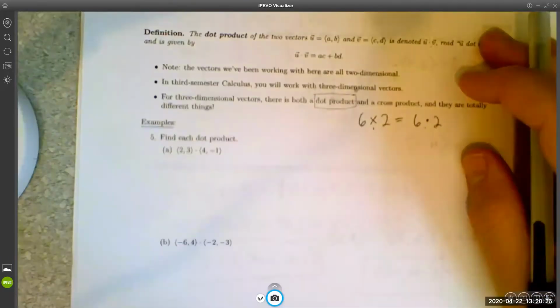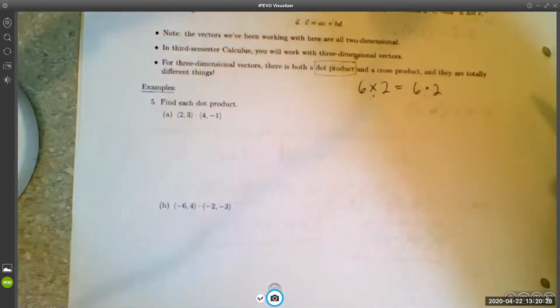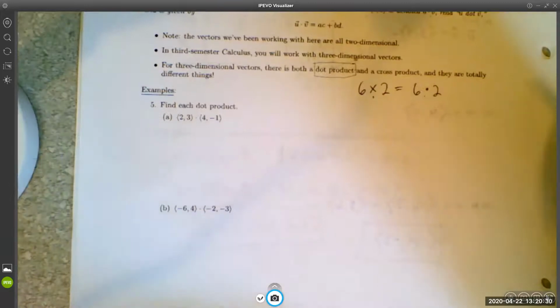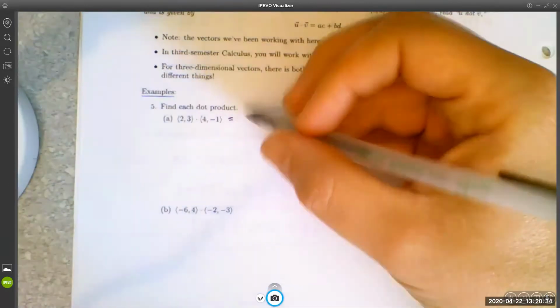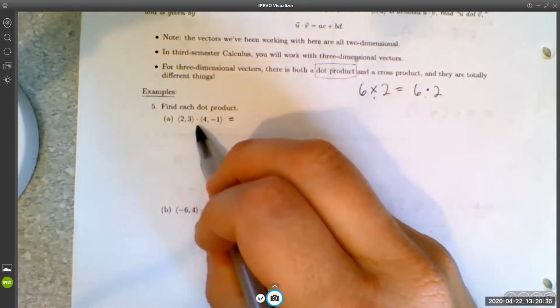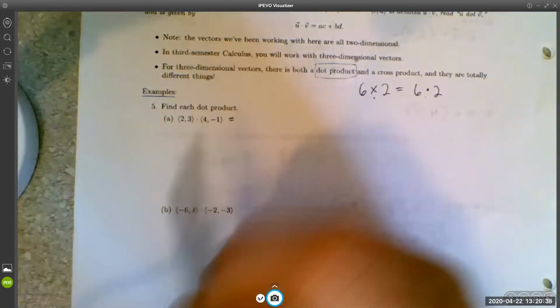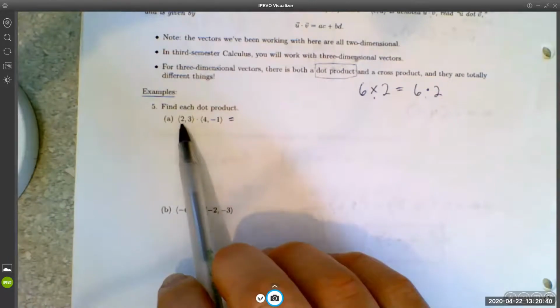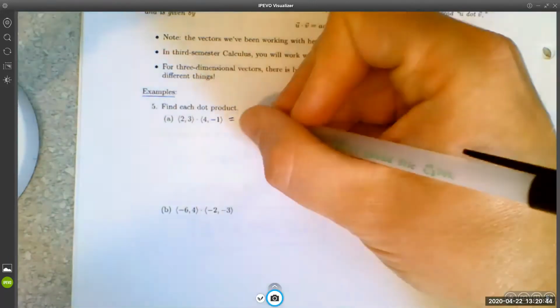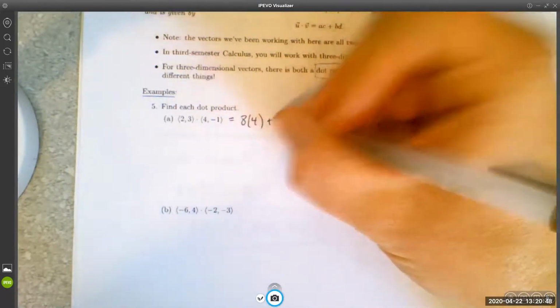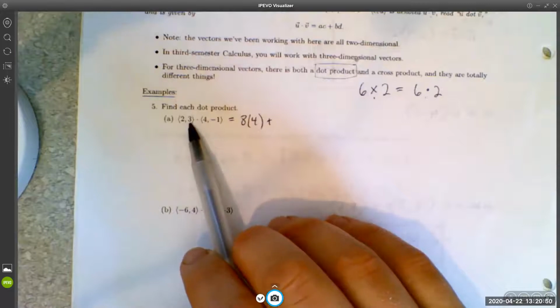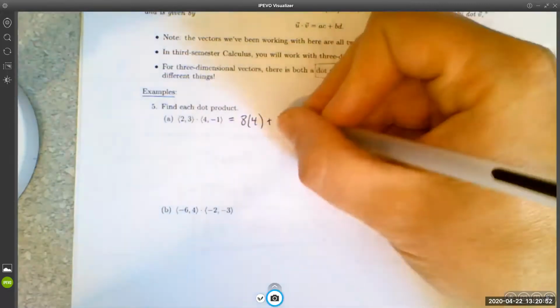So anyway, here are a couple examples. For this first one, we want to do ⟨2, 3⟩ dot ⟨4, -1⟩. We're going to multiply the components. So it's 2 times 4 plus 3 times negative 1.